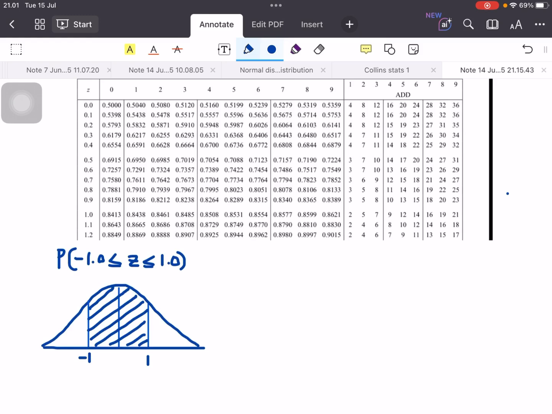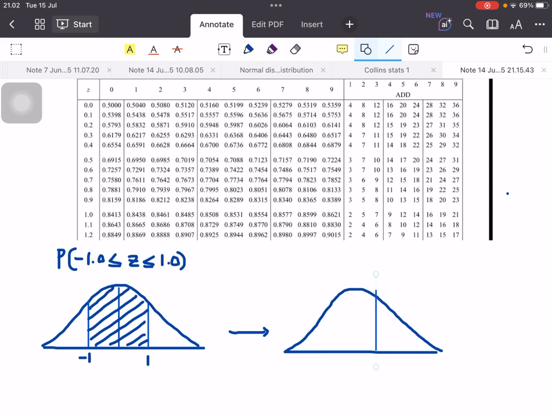There is more than one approach that can be used to find the area of that shaded region. The one that I want to use here is by finding half of the area and then I just multiply by 2. I just find half of the area from 0 to 1.